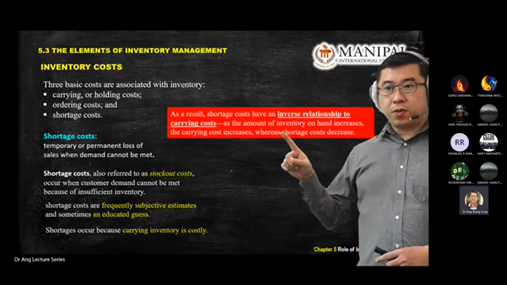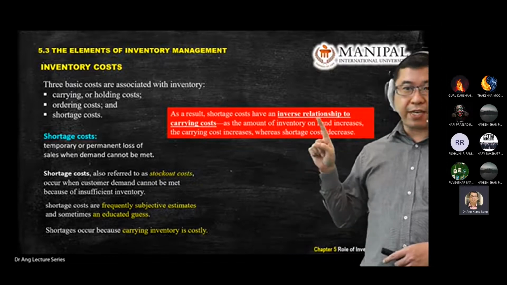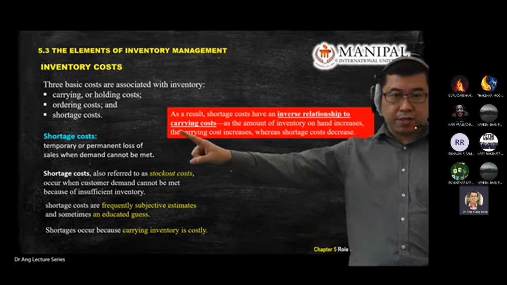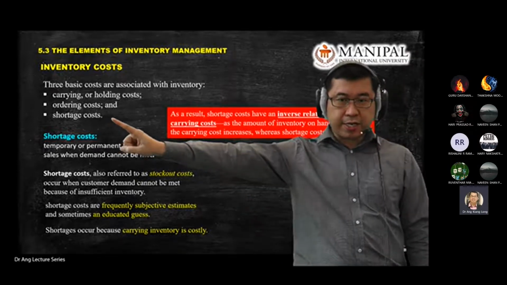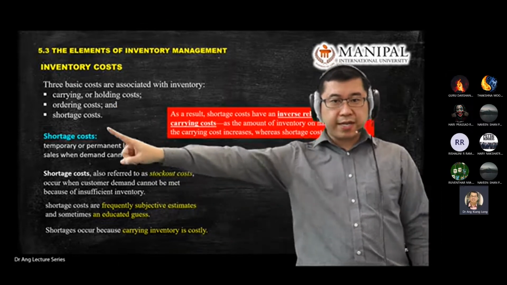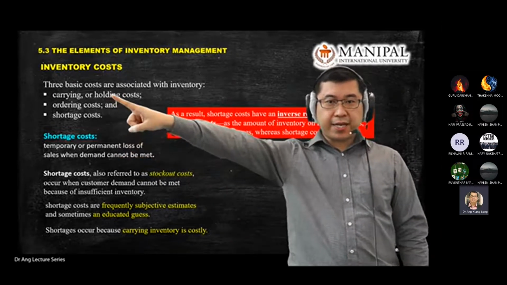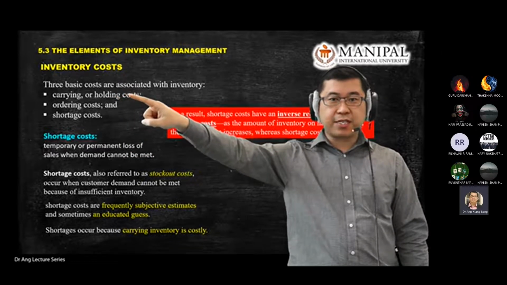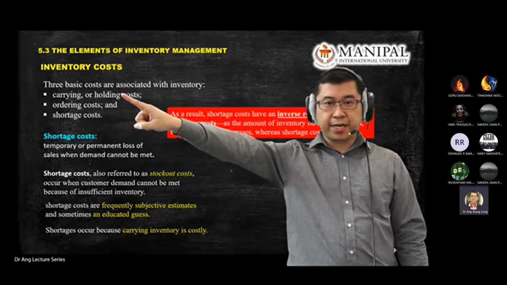Shortage cost has an inverse relationship with carrying cost. Why? The more you spend here, it means your customer can get the item anytime they need.